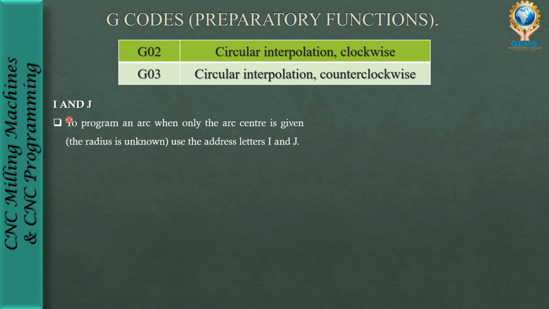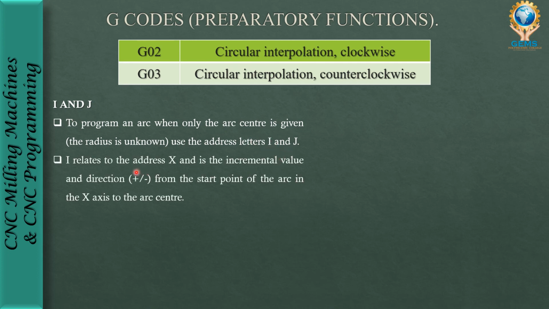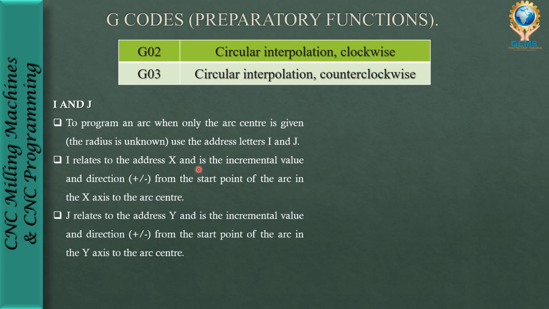For that we use the letters I and J. I relates to the address X and is the incremental value and direction, plus or minus, from the start point of the arc in the X axis to the arc center. So I relates to the X axis, and at the same time J relates to the Y axis: I is the X directional incremental, and J is the Y directional incremental.